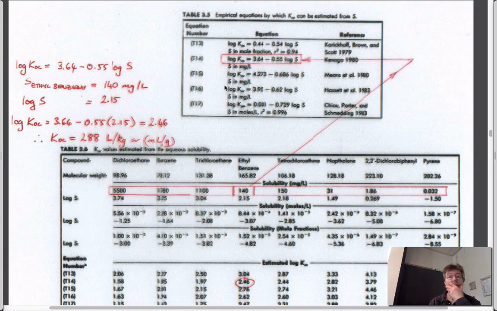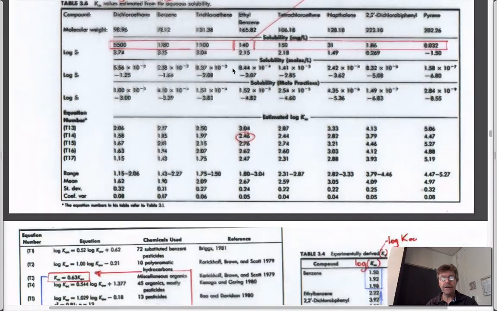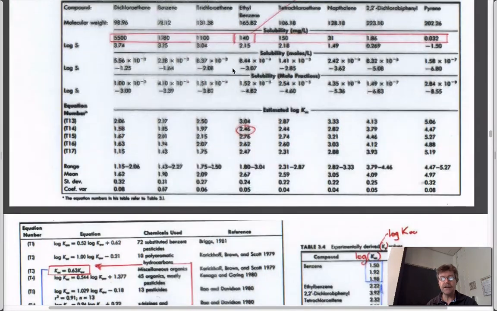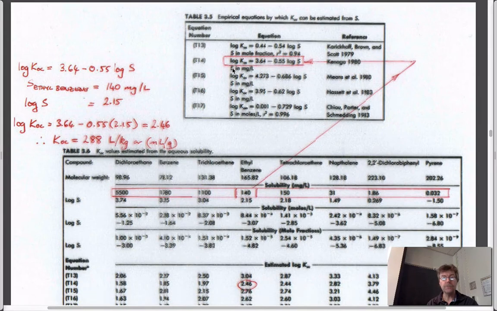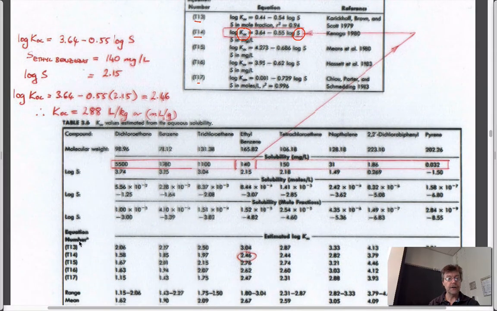And so if you look in Fetter, you'll find that there are a variety of relationships that can be used to calculate the magnitude of this organic carbon partition coefficient as a function of solubility for different compounds. And these T13, 14 through to 17 refer to a number of calculations done in Fetter.